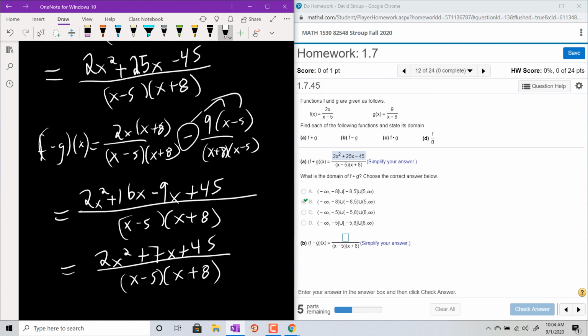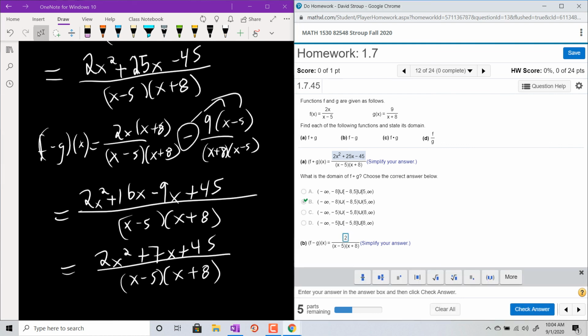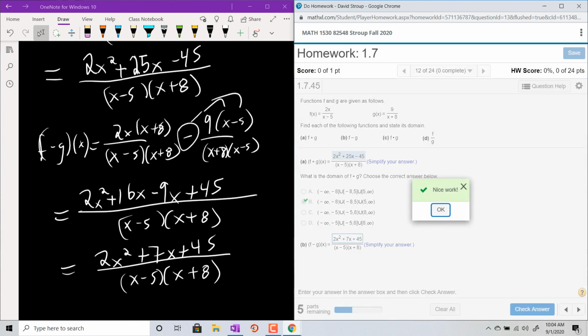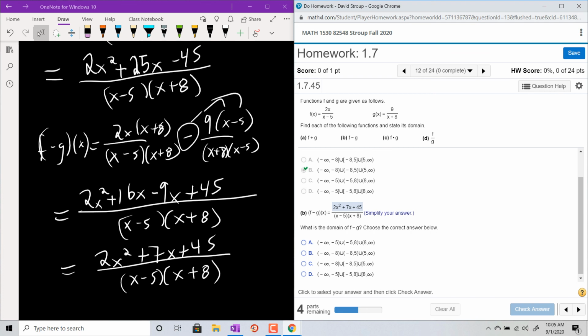It has the same domain. Okay, so let's put that in: 2x squared plus 7x plus 45. And then the domain is the same as before.